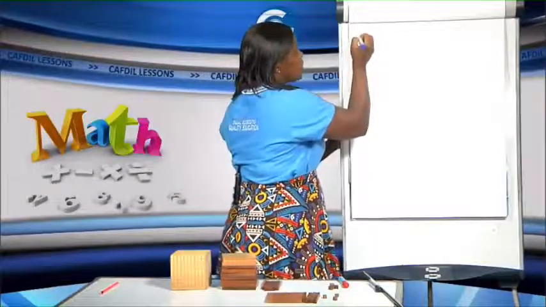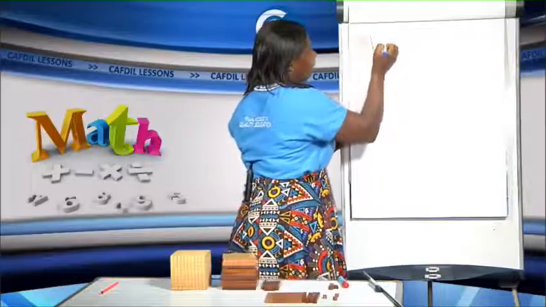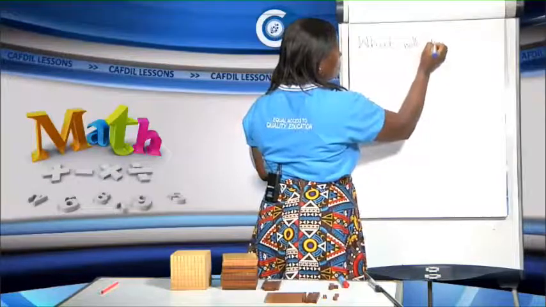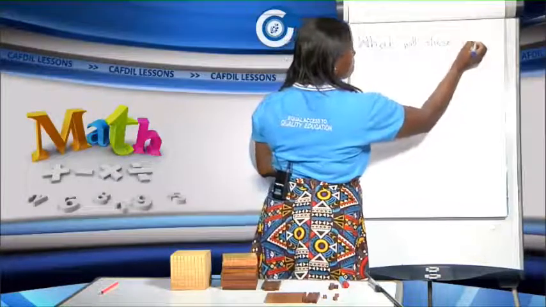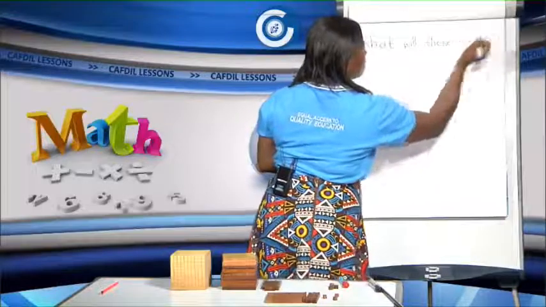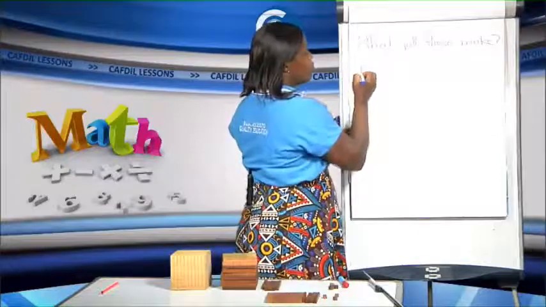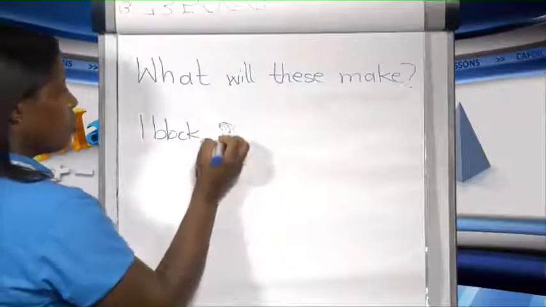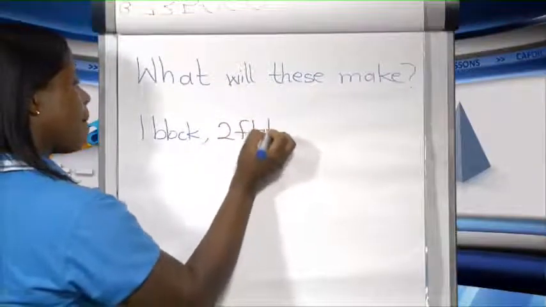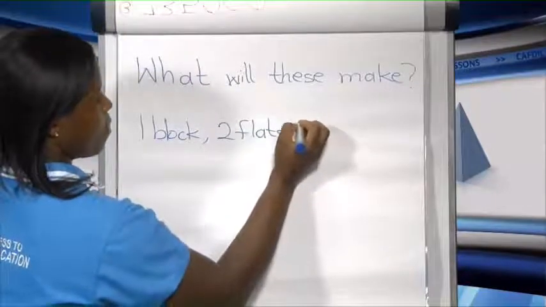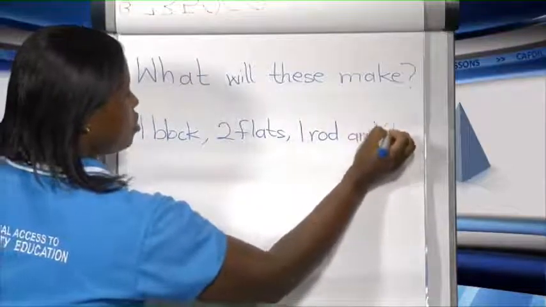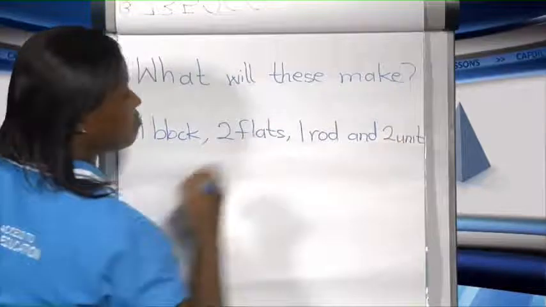I want to give you another question. What will these make? I have 1 block, 2 flats, 1 rod, and 2 units.